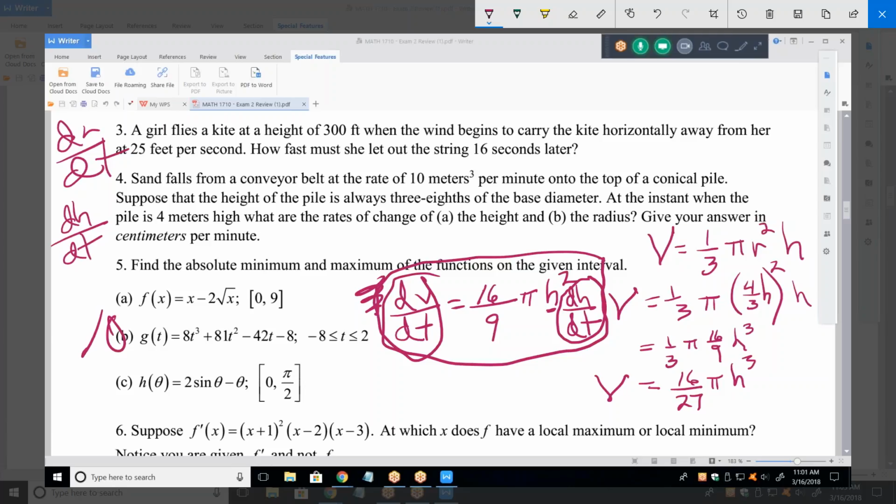So 10 is equal to 16/9 pi, and h, what was that? H was 4/3. No, h was just 4. Absolutely, you're right. 4 squared, times dh dt.